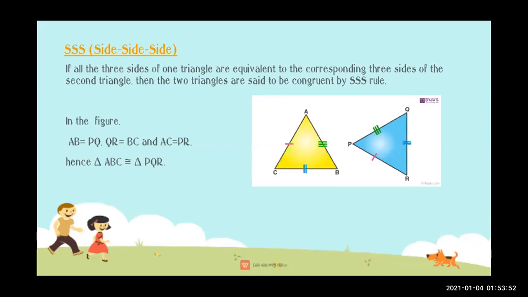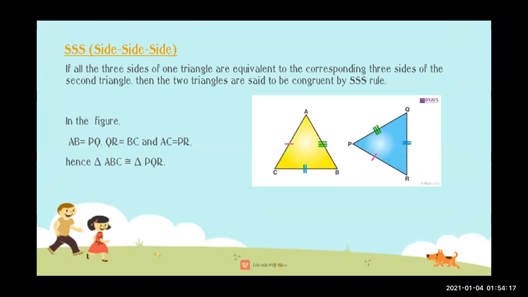You can see here A, B, C, P, Q, R. Now, here AC is congruent to PR, BC is congruent to QR, and AB is congruent to PQ. So here there are equivalent sides corresponding to the other triangle also, the second triangle also.